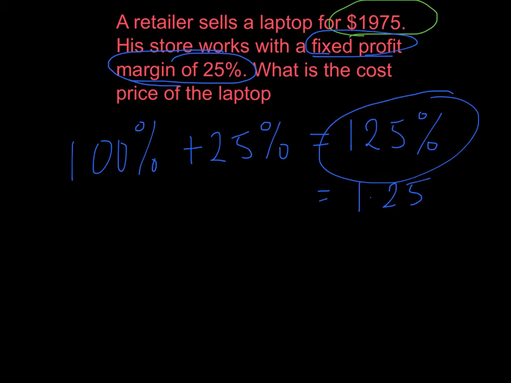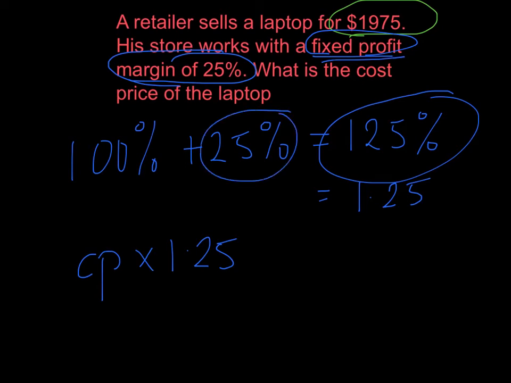So in this case, cost price times by 1.25, because that's our fixed profit margin of 25%, is equal to the selling price of $1,975.